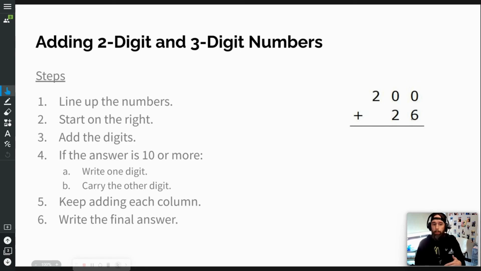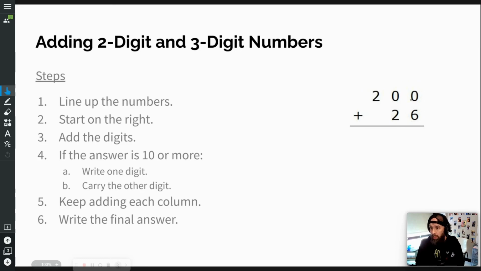If your answer is 10 or more, you write what you have in the ones place value underneath the line and carry over the number from the tens place value. That's not going to happen in this problem, but that's what you do if it does. Then once you're done with the column, you move to the left, and you add and you add until you have your final answer.